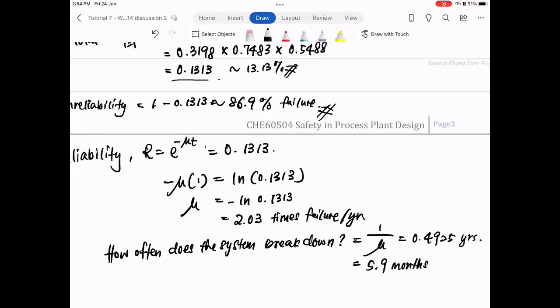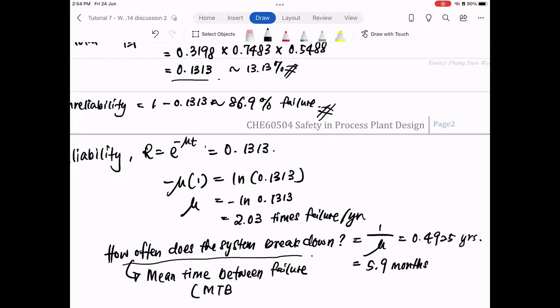Does it make sense now? So if we are to plan for maintenance, when we say how often does the system break down, it has another name called mean time between failure. So this is our MTBF, which is 5.9 months.